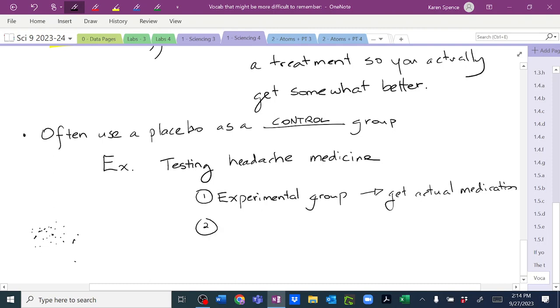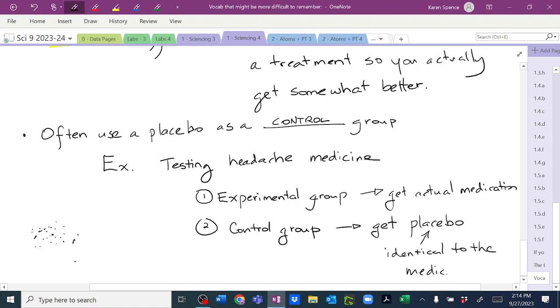We would also have a control group that gets a placebo that looks identical and tastes identical, and they would get the placebo, which is identical to the medication.